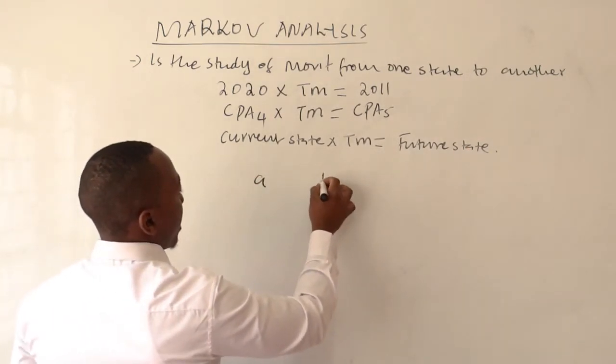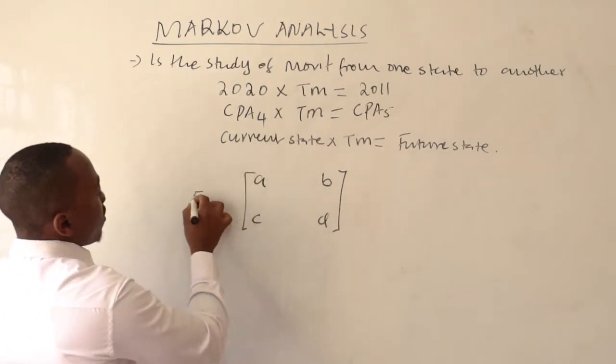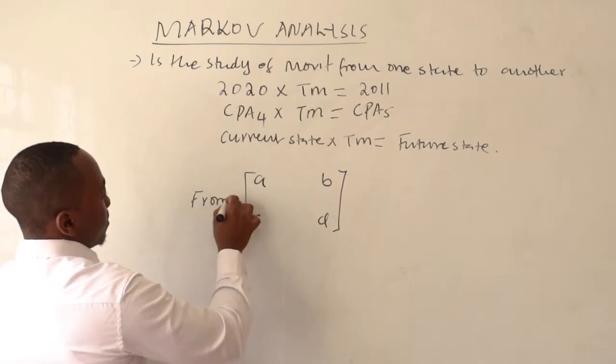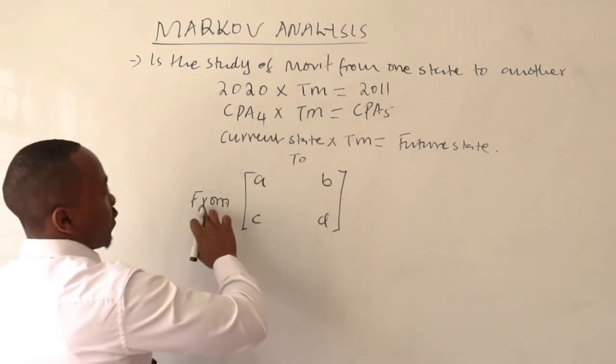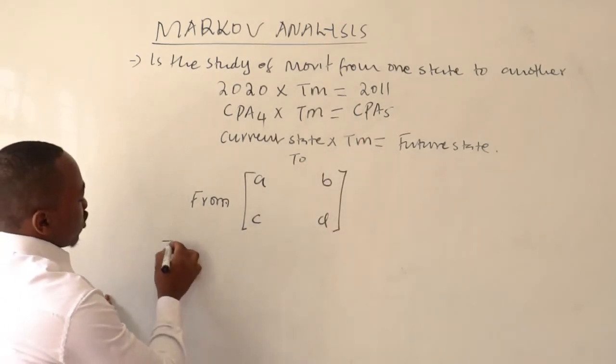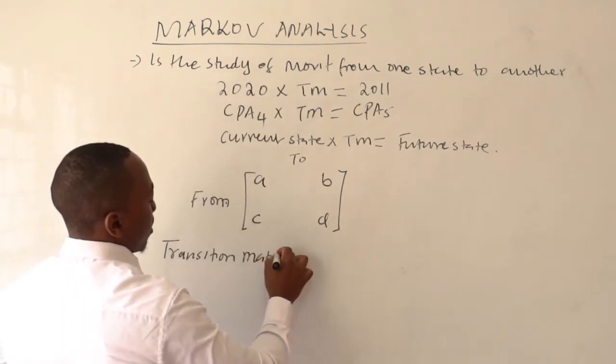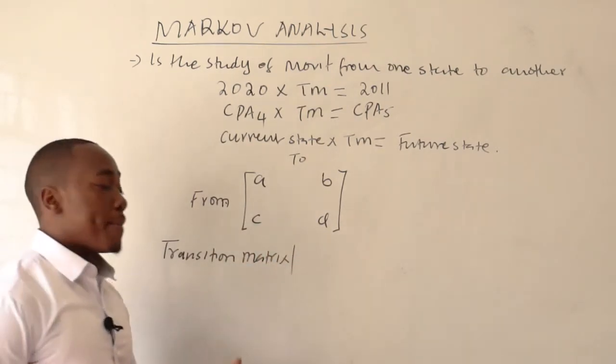In matrix form, A, B, C, D. That's the general format. You are moving from one state to another state, from to two, through a transition matrix. So, what's that transition matrix? It's also known as transition probabilities.